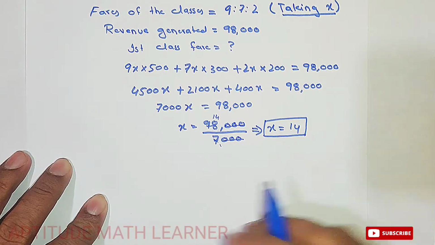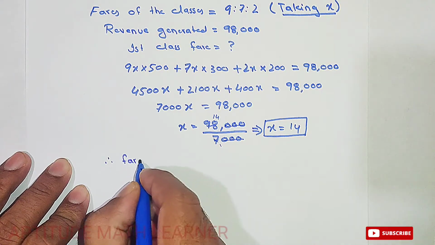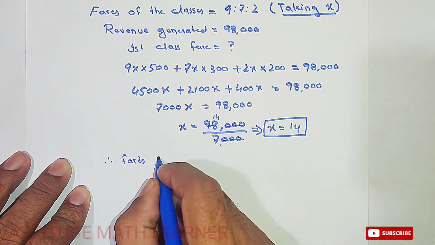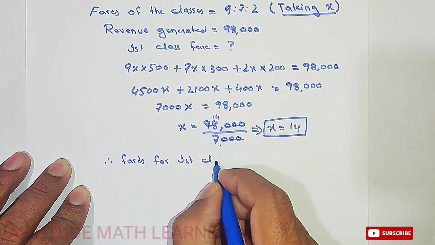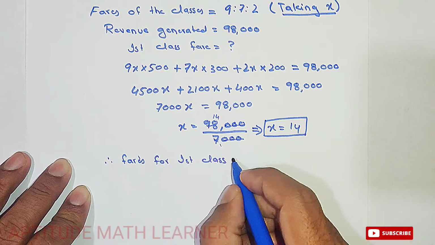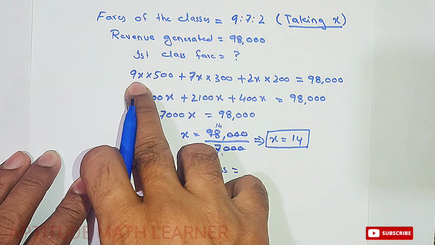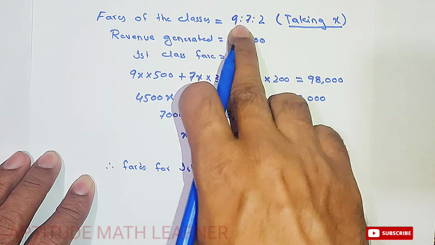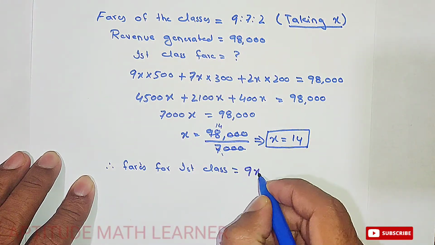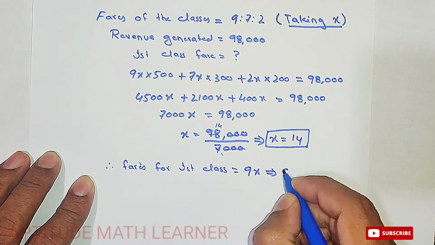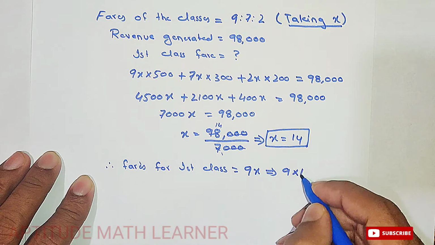So the fare for the first class is 9x. This is the ratio, and we took x to find out the fare. Now 9x becomes 9 multiplied by the value of x that we found, 14.